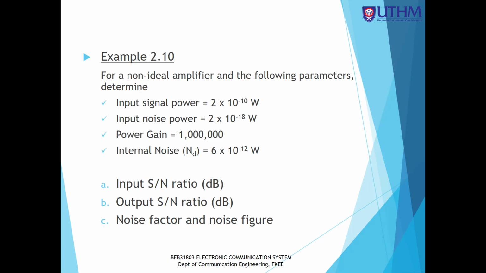Okay. The next question ini pun sama juga nak cari input SNR, output SNR, and then noise figure and also the noise factor. So example 10, for a non-ideal amplifier and the following parameters determine input SNR, output SNR, dan juga noise factor and noise figure.